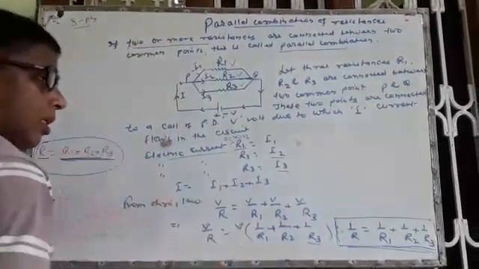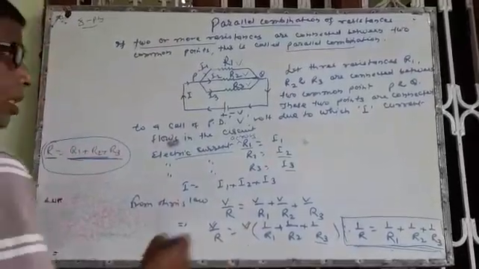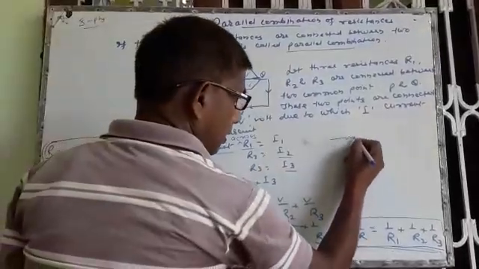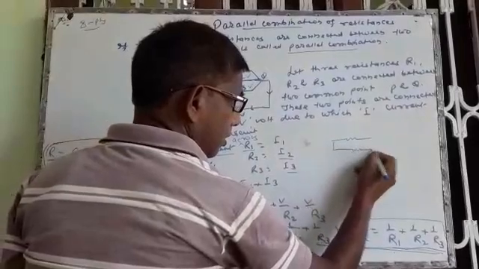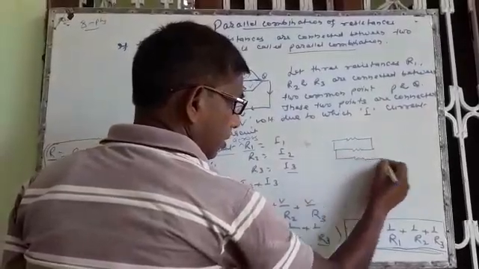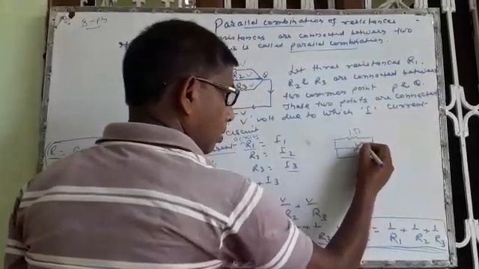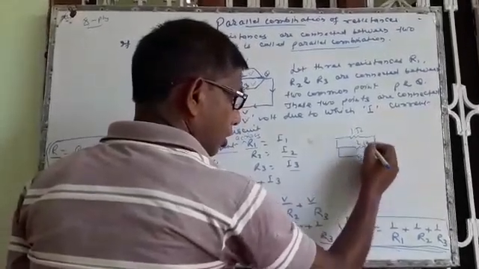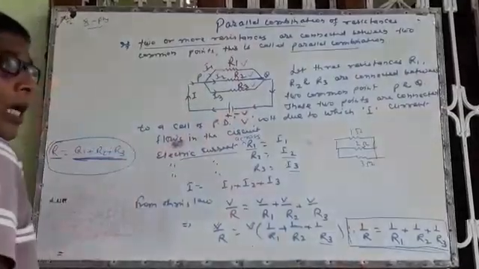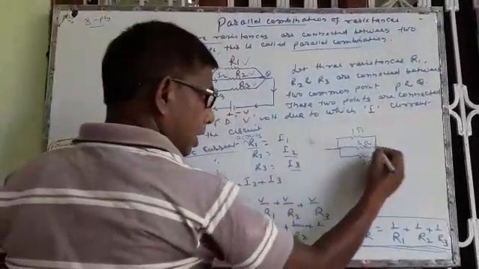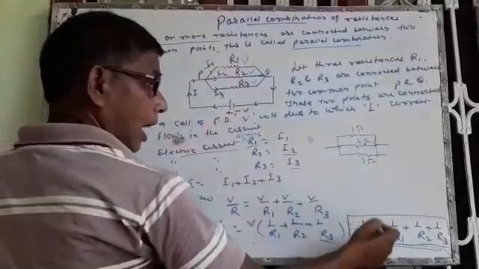If there is a question, suppose that three resistances are connected in parallel and the values given are 1 ohm, 2 ohm and 3 ohm. You have to calculate the total resistance of the circuit. The formula is here.